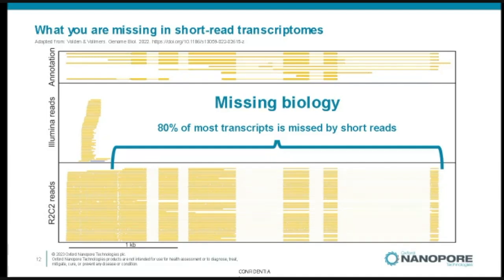On the annotation, the top pane shows the reference sequence. In the middle, we show short read sequencing that only generates reads on the 5' end, so we are missing nearly the entire middle and the 3' end. In contrast, when we use Nanopore long read sequencing, shown in the bottom pane, we get the entire transcript. About 80% of the transcript is missed by short reads.